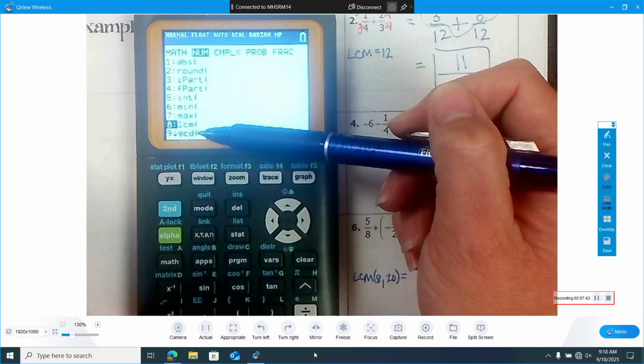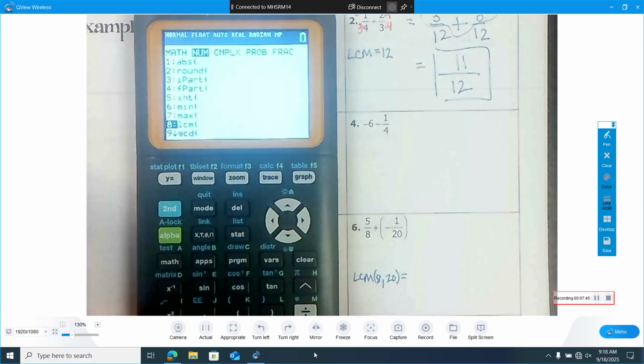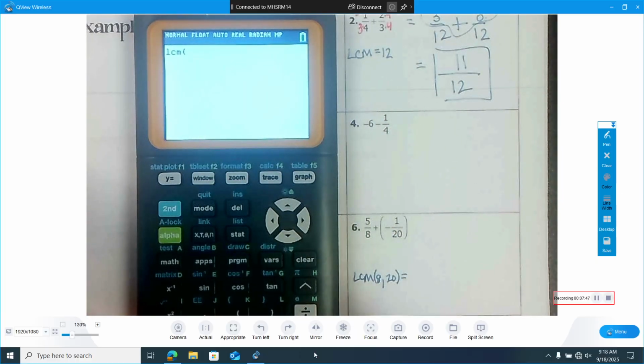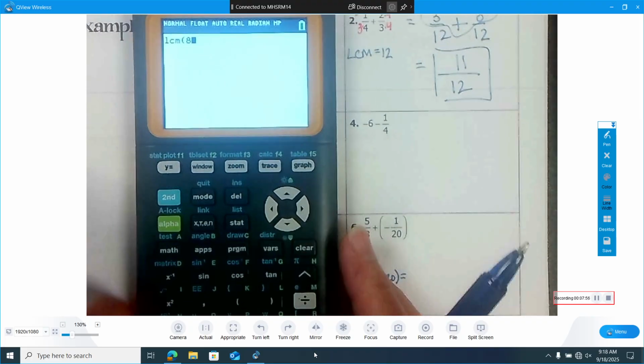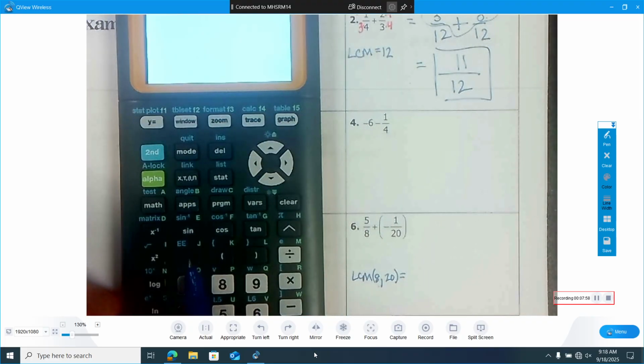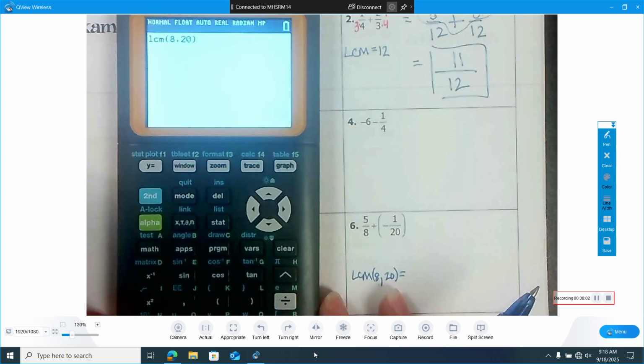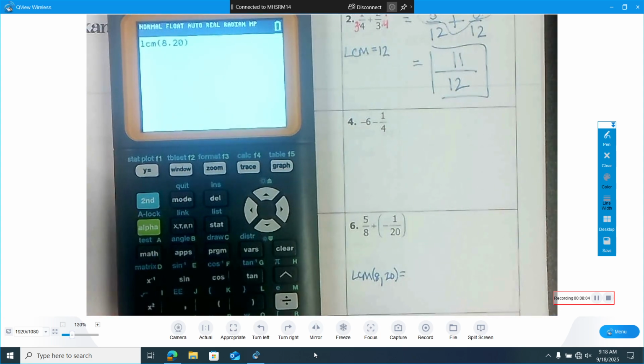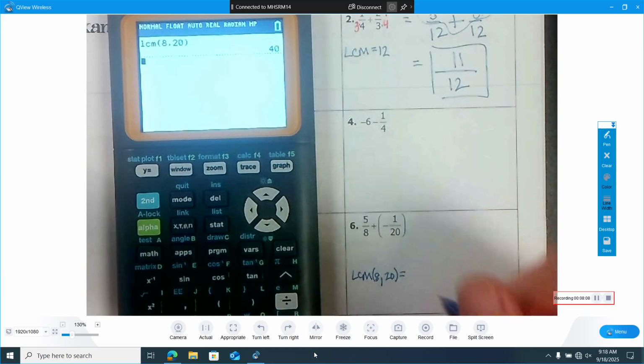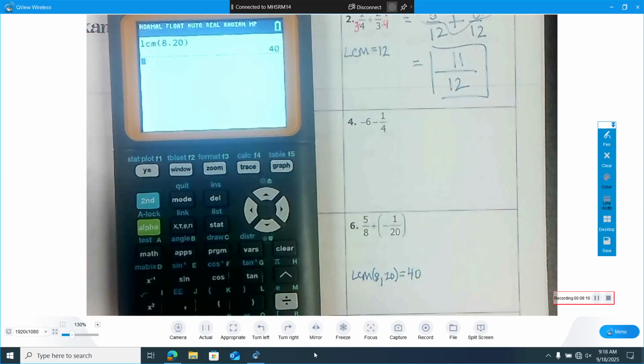What's that stand for? Least common multiple. What you need to do is write 8, comma 20. The comma is above the 7. That tells the calculator what your denominators are. Then if you hit enter, it says the least common multiple is 40.